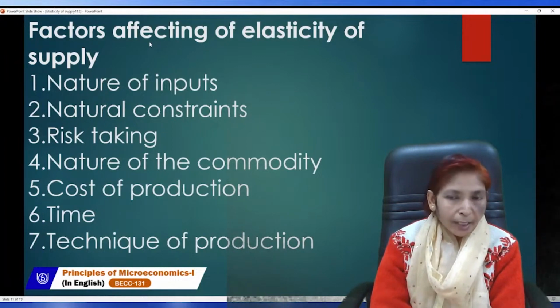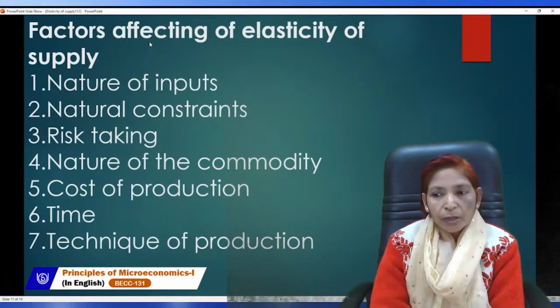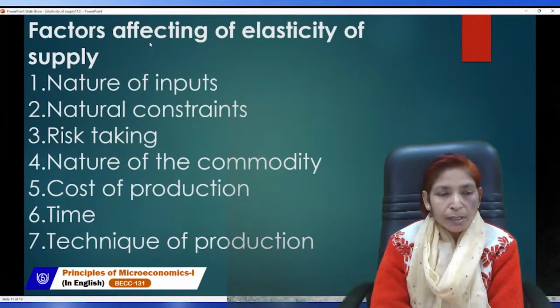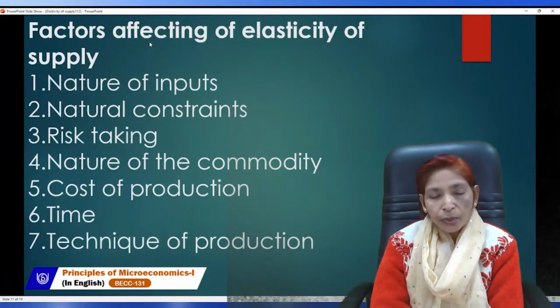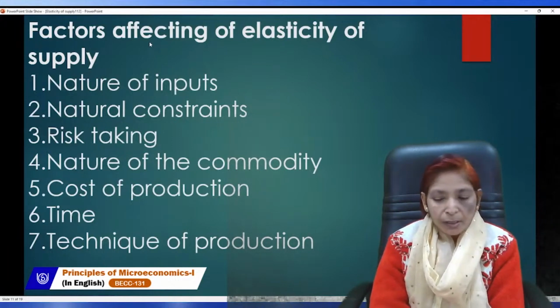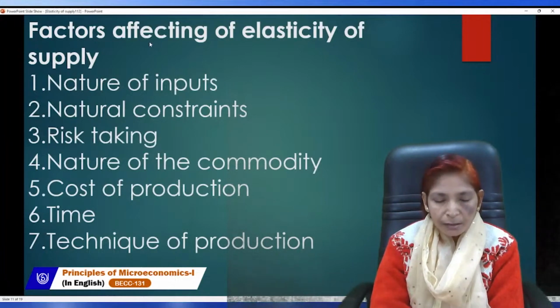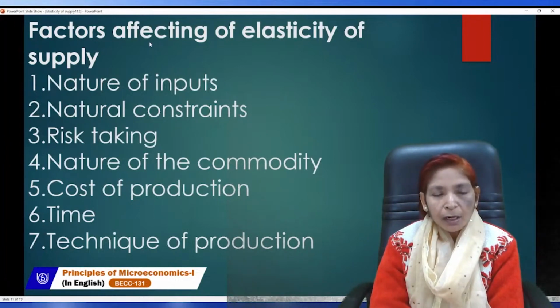Risk taking also affects the elasticity of supply. A producer can take more risk depending upon his desire, whether he wants to take risk or not. People are generally of three types of nature: some people are risk lovers, some are risk averters, and some always remain risk neutral.